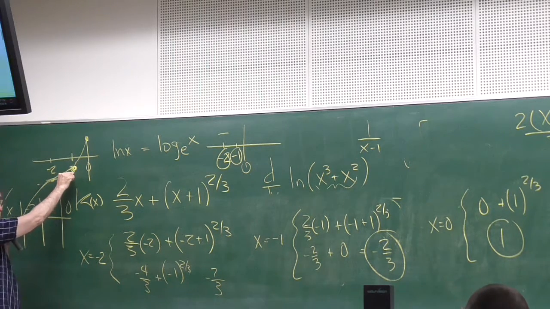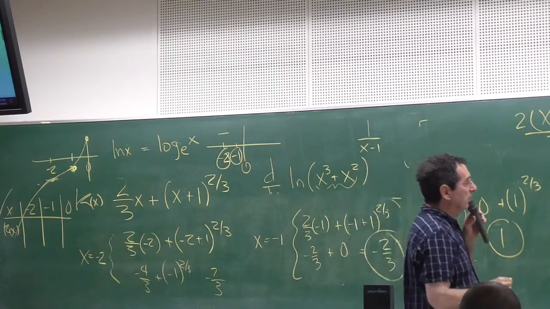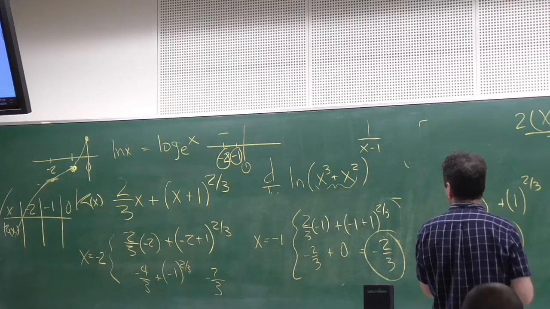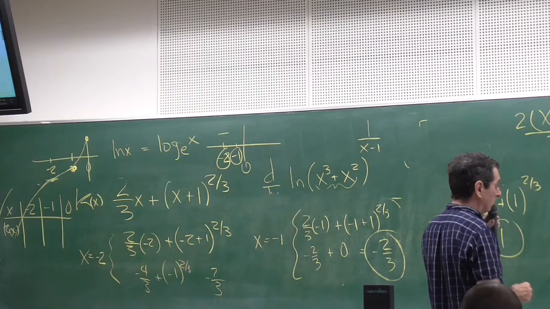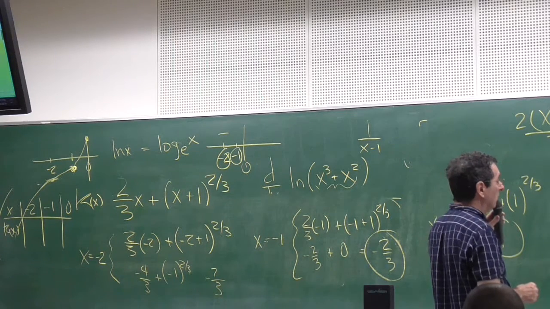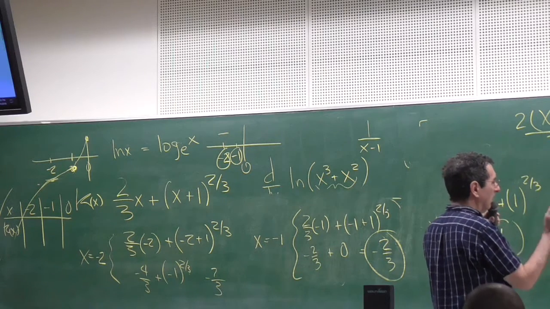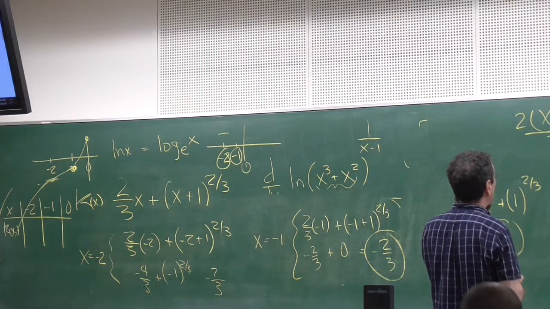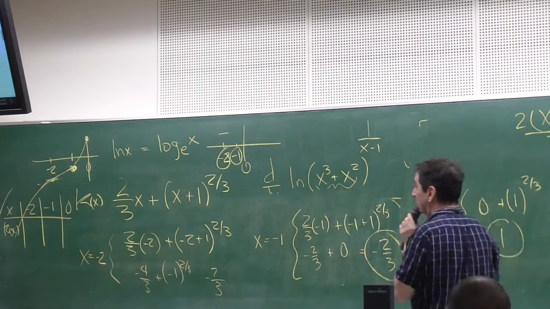Derivative did not exist at negative 1, right? Where is the derivative? The original function is here.